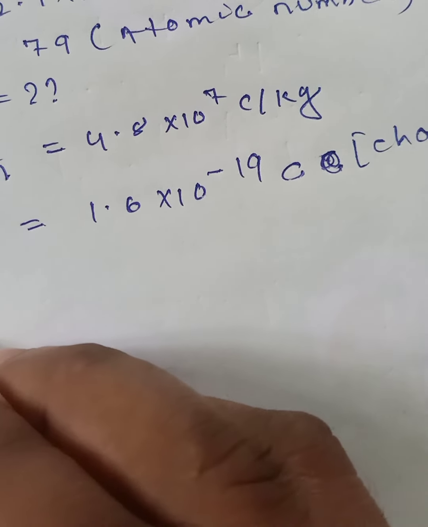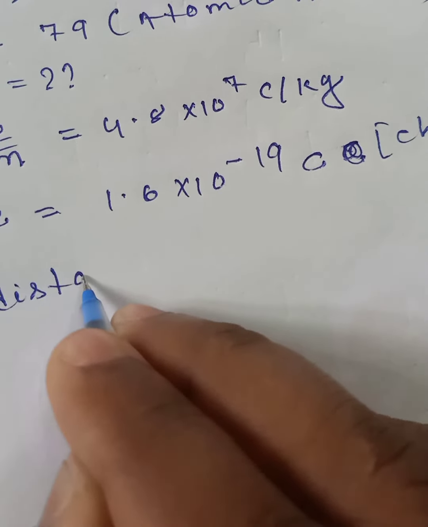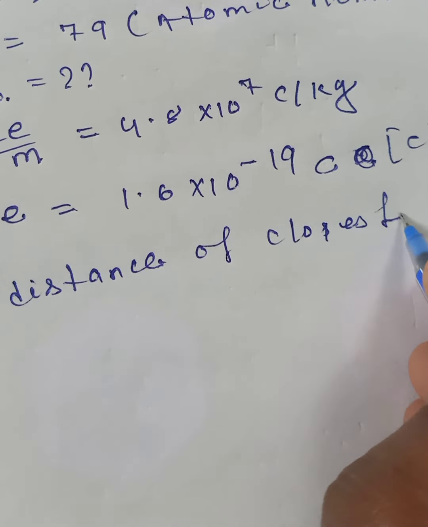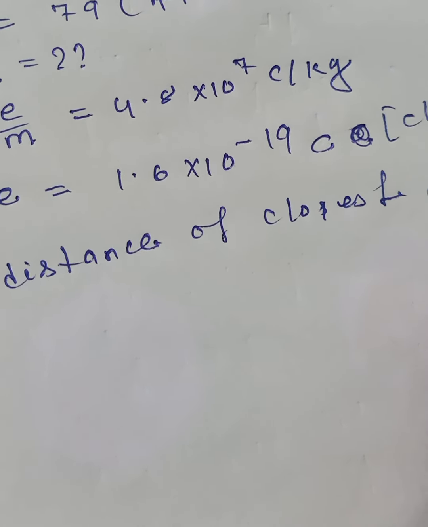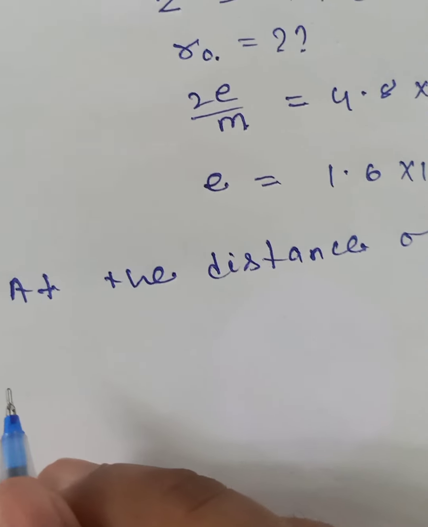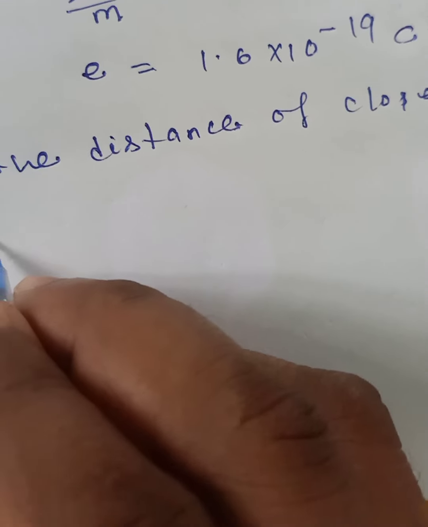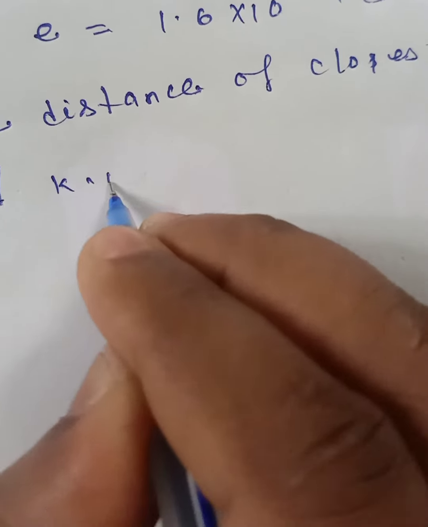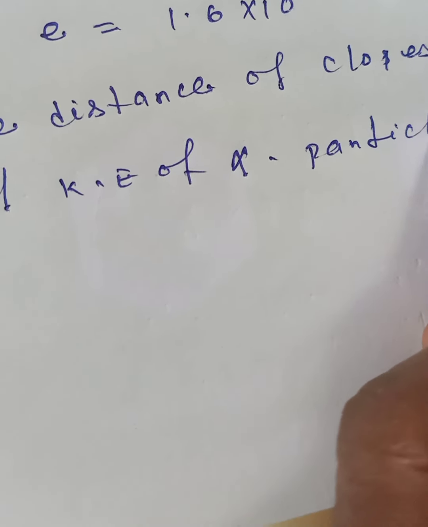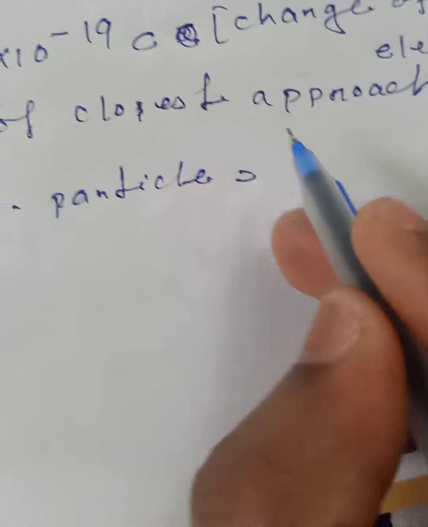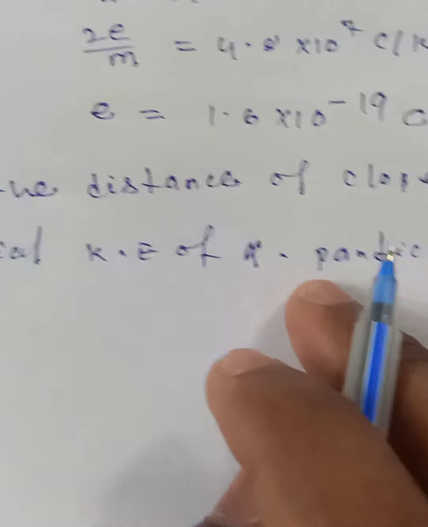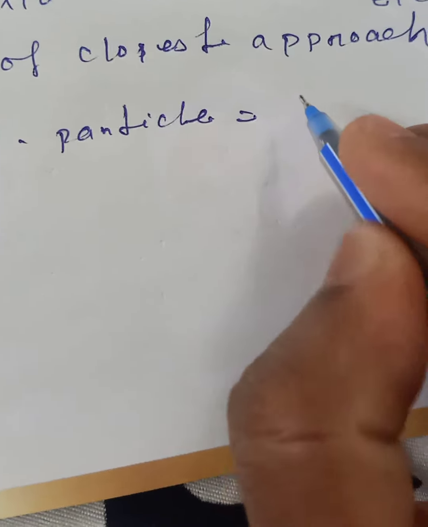At the distance of closest approach, the initial kinetic energy of the alpha particle equals the electrostatic potential energy.